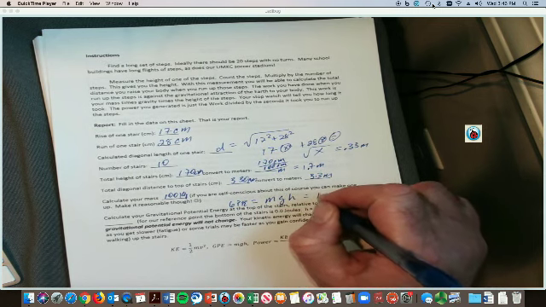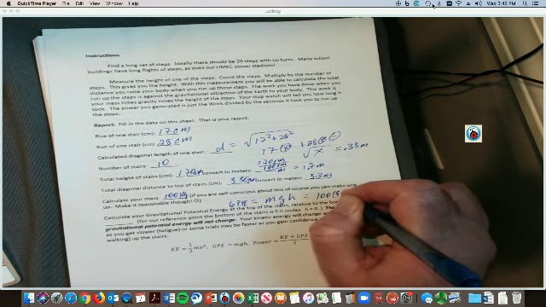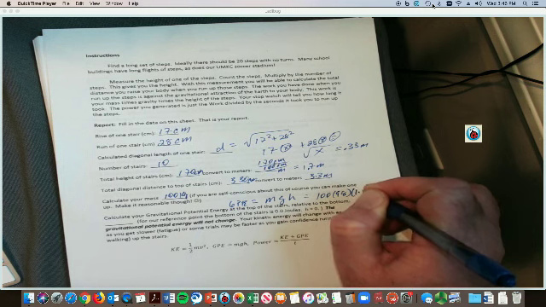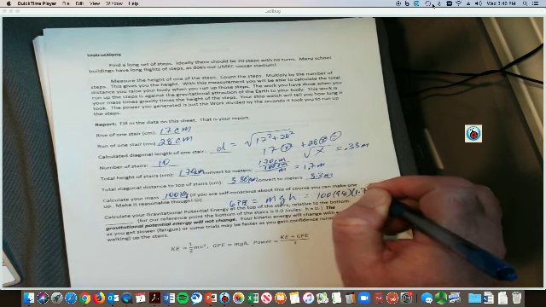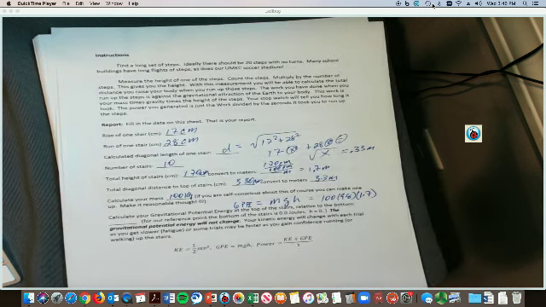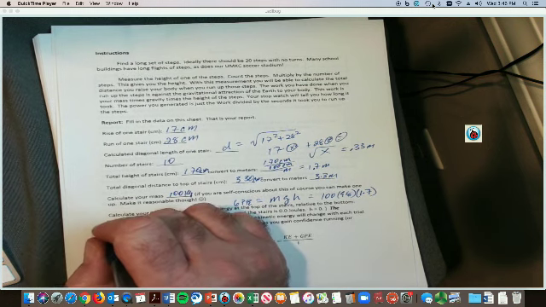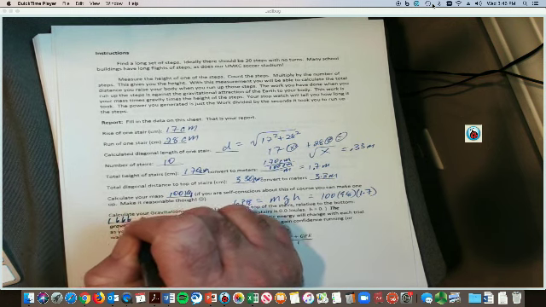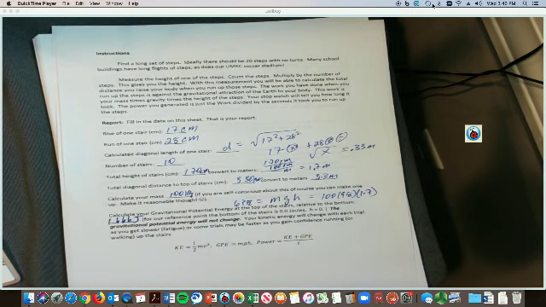So I've got 100 times 9.8 times 1.7 meters. I'd type in 100 times 9.8 times 1.7, and that's 1,666 joules.